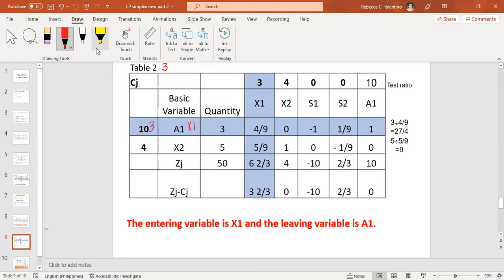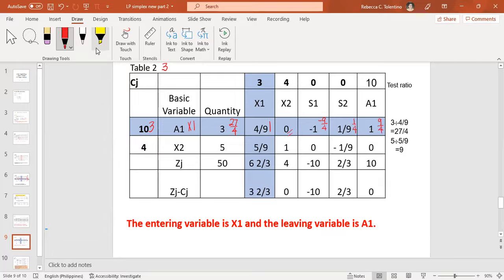If you multiply 3 by 9 over 4, what you will have is 27 over 4. This will be 1. This will still be 0. This will be negative 9 over 4. Pag tinimes to ng 9 over 4, the 9 will cancel out. This will be 1/4. And this will be 9 over 4.